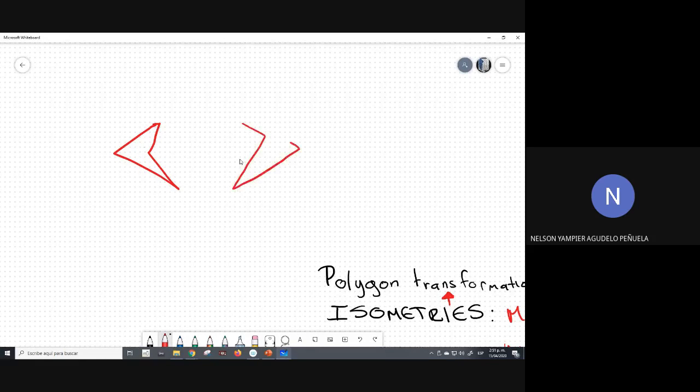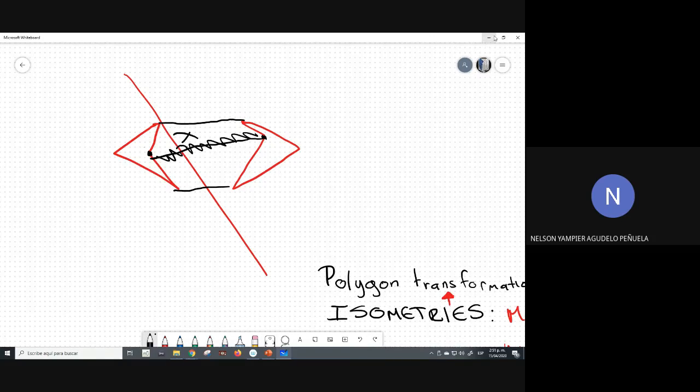Recuerden que está volteado. But you cannot say that this is the mirror, that is the symmetry axis, because look, we have to join this one. Tenemos que unirlos todos para comprobar. And this is not perpendicular. And also, the two parts are not equal, right?